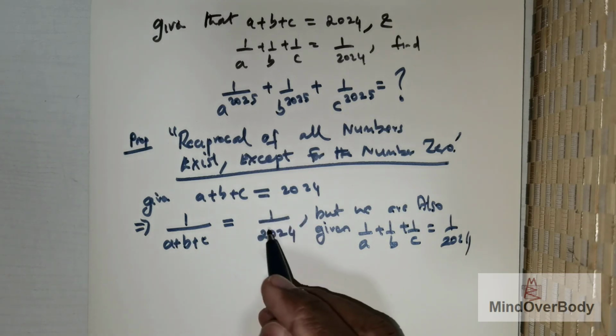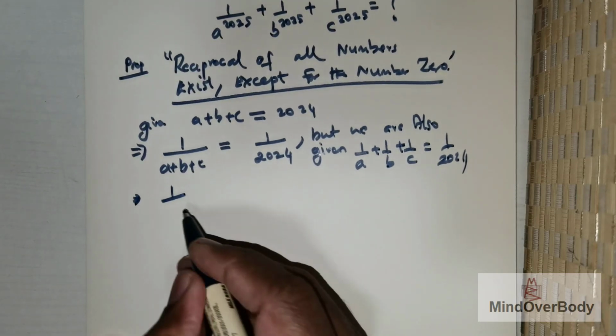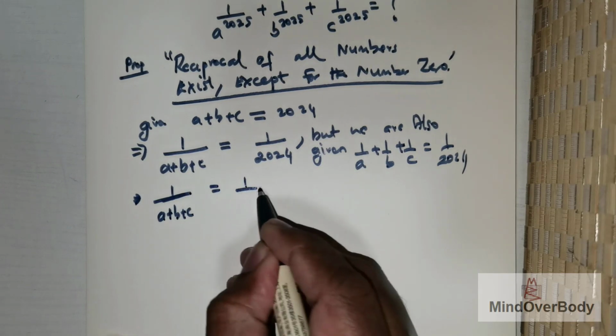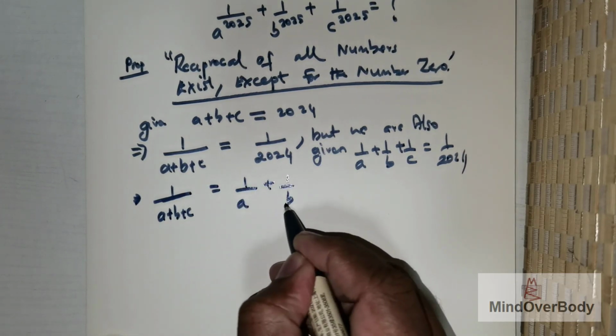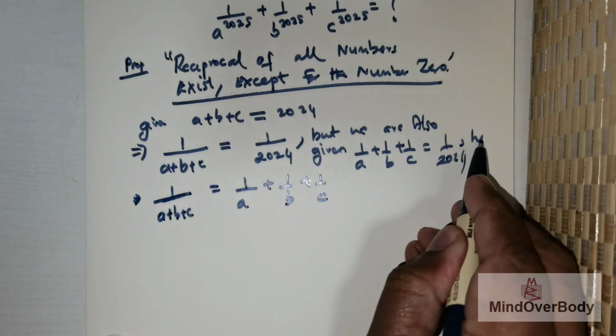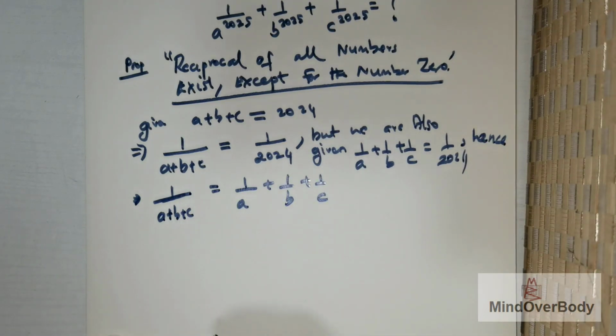So in place of 1/2024, I can rewrite this, and I can have 1/(a + b + c) = 1/a + 1/b + 1/c. So this is possible, and hence I have this.